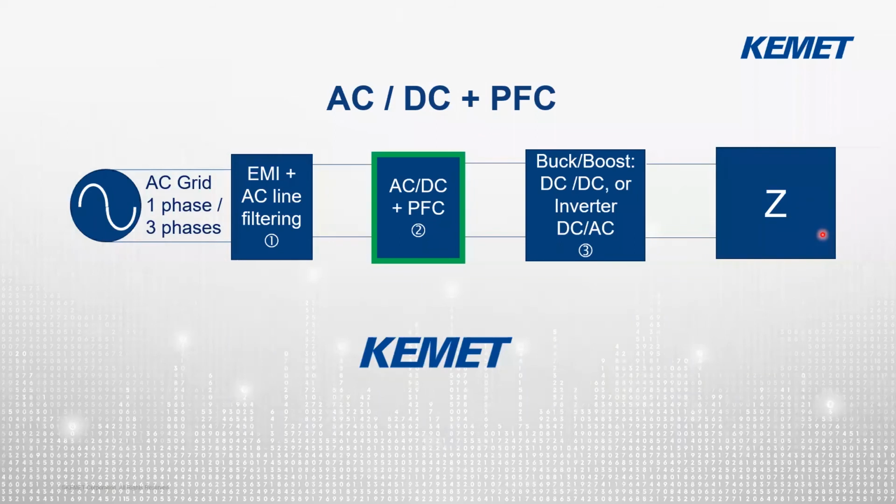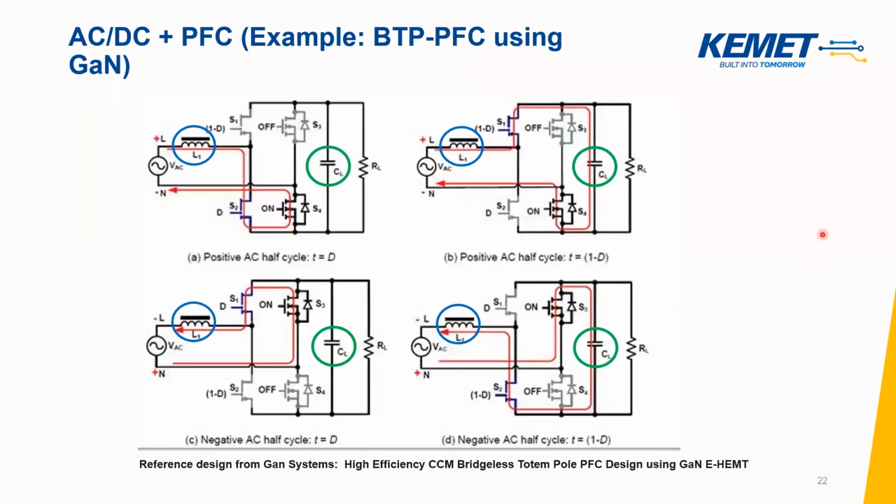Now let's move on to the AC to DC conversion stage. I've taken the example here of a gallium nitride based AC-DC converter plus the boost PFC stage. The intent of this slide is not to dig deep into gallium nitride technology as a rectifier plus a PFC technology, but mainly to focus on the smoothening capacitor CL and the smoothening inductor L1 here.